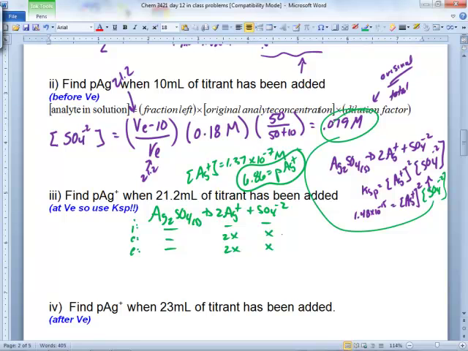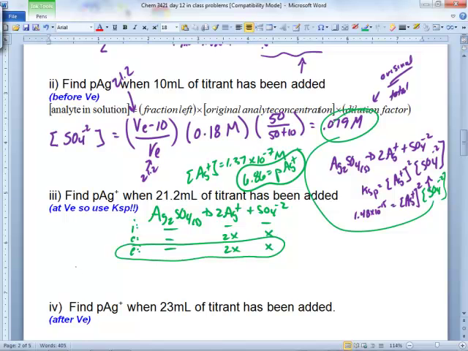The reason why the 2 is important is because here's all your answers. Once you get your x, how do you get the silver ion concentration? Yeah, we're going to use KSP to get our x, but then you go back. Silver ion concentration is 2x. So you got to remember to multiply your x times 2, because this is where all your answers are. So we have to use the KSP to get it.